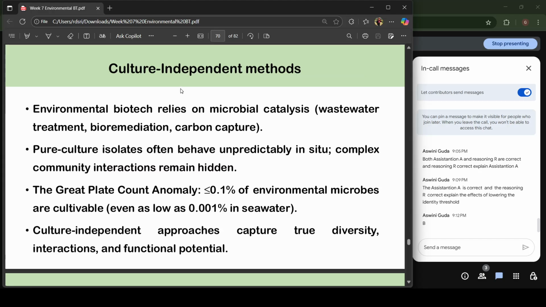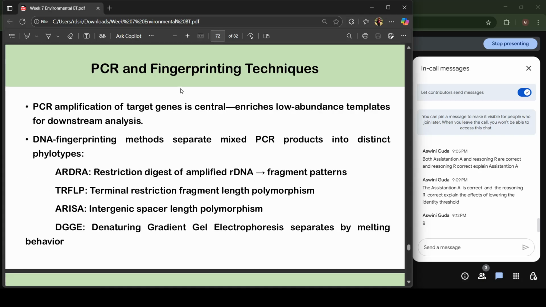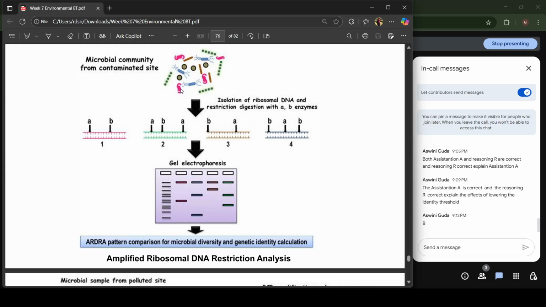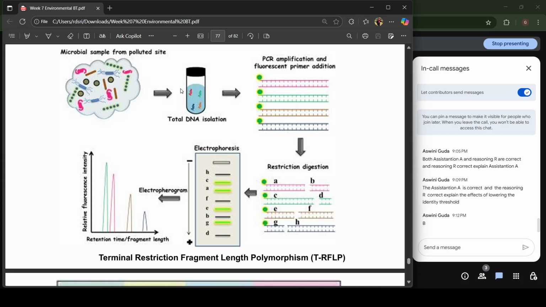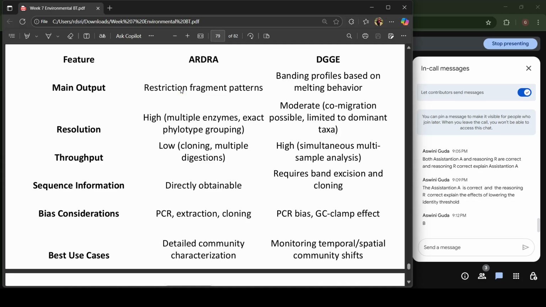And after this, I have some content regarding the culture-independent methods, the steps in the fingerprinting technique, and also some representation about what ARDRA, TRFLP, and ARISA are. Also, as we discussed, the difference between these two methods is given as a table.